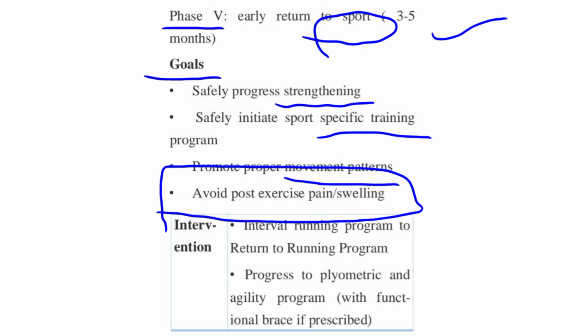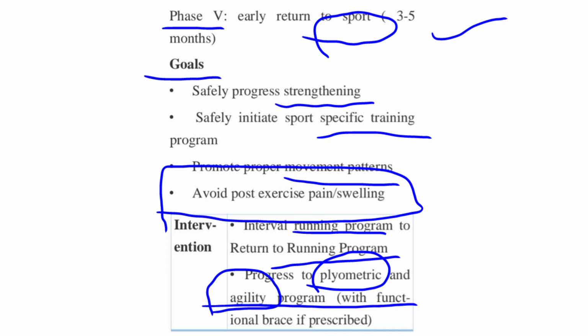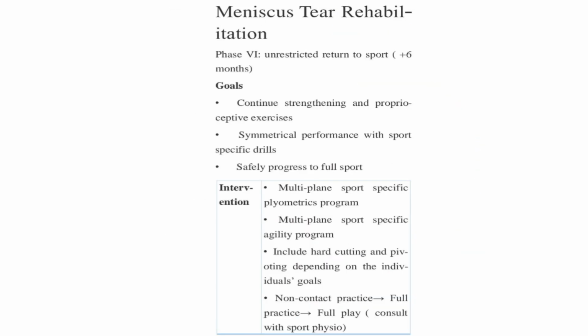Interventions are a return to running program, plyometrics, meaning exercises in many planes, and an agility program, meaning changing direction within seconds. For sports activities that require agility and plyometrics, we go for these specific activities for the patient to return to sports.